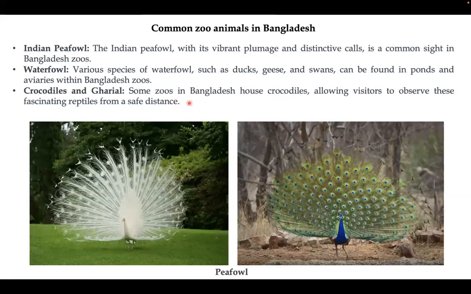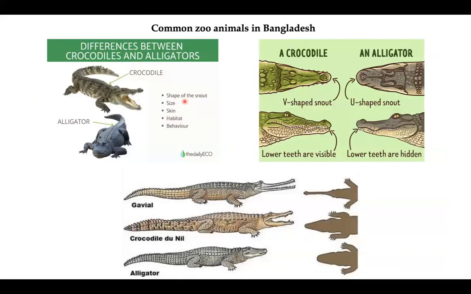We have some pictures to differentiate the ghorial, the crocodile and the alligator. So you will hear a lot of time people calling one crocodile as alligator and another crocodile as crocodile.